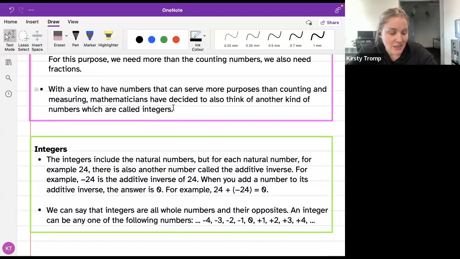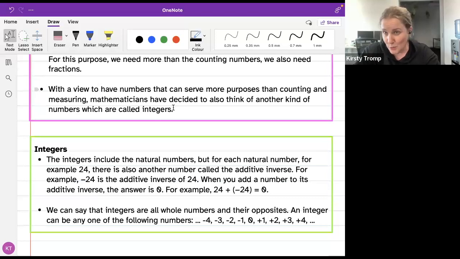Integers include the natural numbers, but for each natural number, for example, 24, there is also a number called its additive inverse. That's a really fancy way to say the opposites. So if I have the number 24, what's its additive inverse, its opposite?